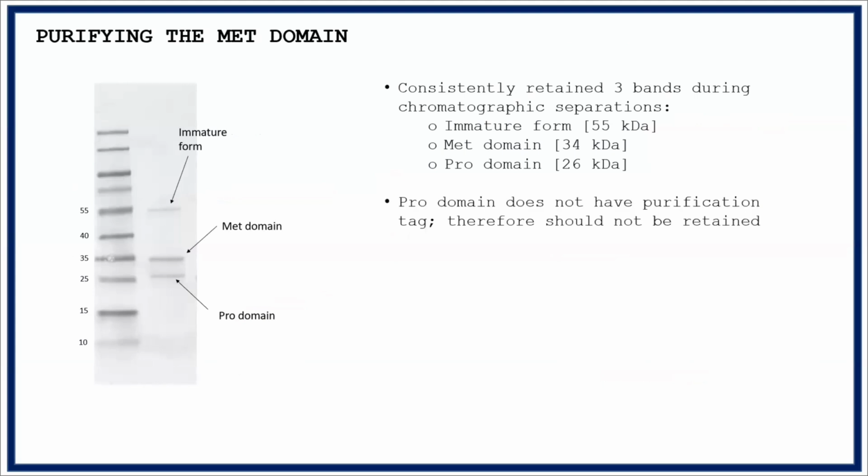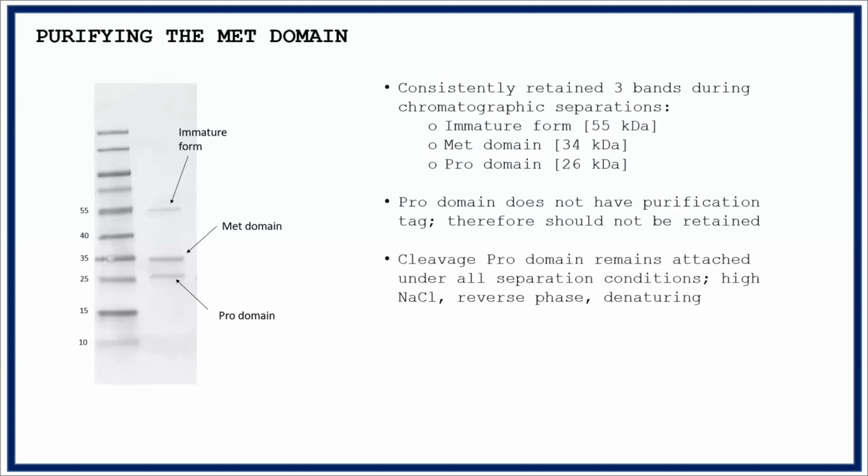Now, the problem with this is that the pro-domain does not have a purification tag, so it shouldn't really be retained to be evident on my gel, but it persistently is there in a roughly 1-to-1 ratio with the met domain. And so we can only conclude that despite it clearly undergoing autocleavage, it's somehow remaining attached in a complex, and that's persisting despite much harsher separation techniques that we've tried so far.